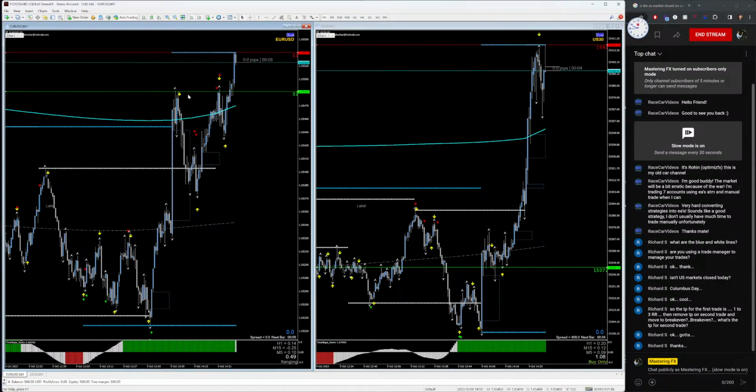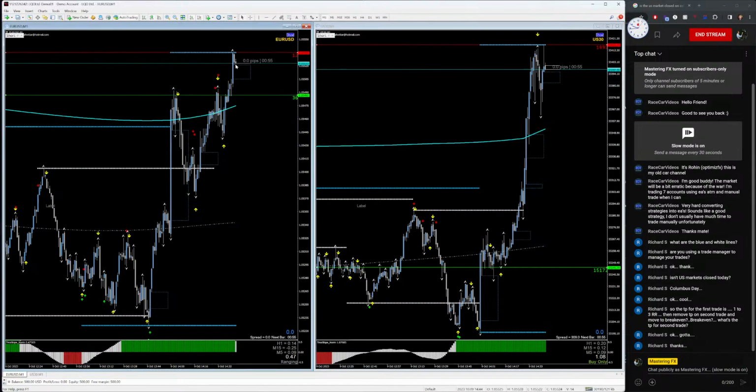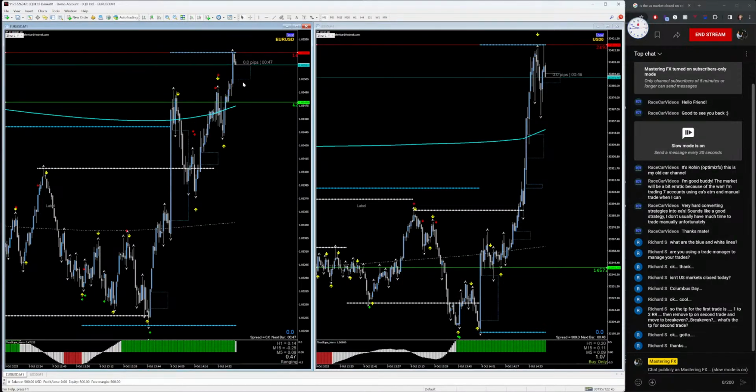We raided the highs 3 times now. And we got a fractal. So you get a yellow arrow here, which is the last piece of the puzzle. And then I give it a shot.